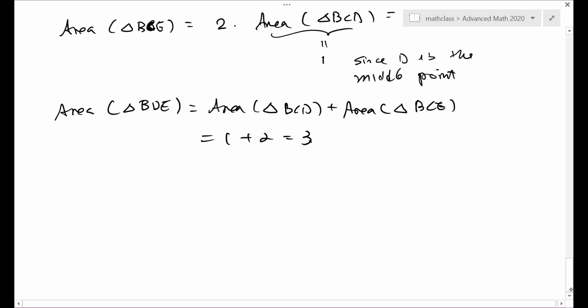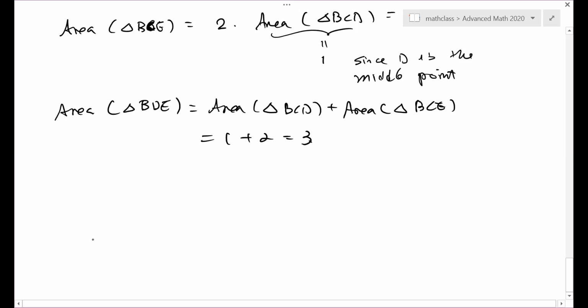Now I'm going to talk about another comparison theorem. This is in high school math.